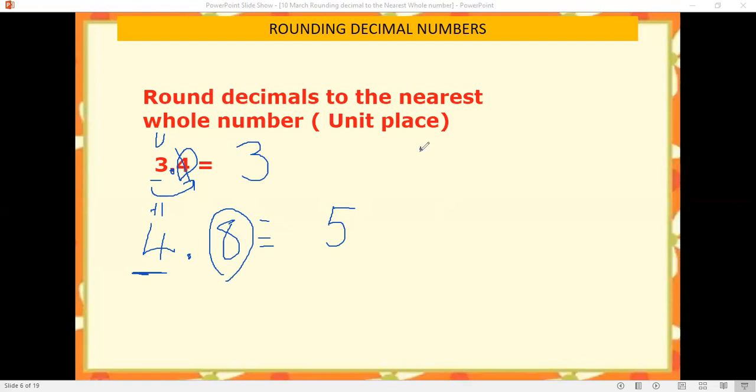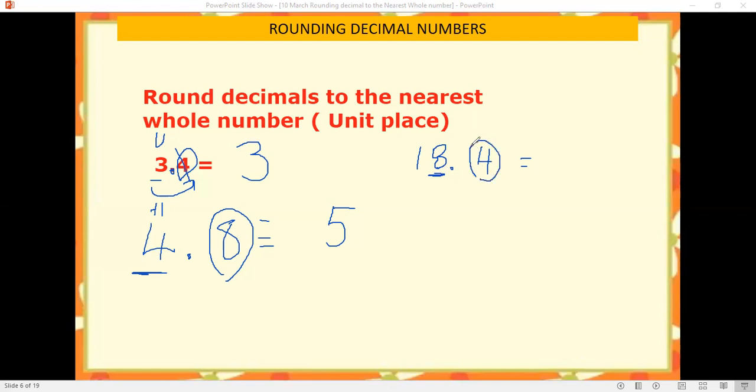Now, how about if I have 18.4? The digit nearest to the decimal point is 8, and this is the unit. Then let's think, 4 is 4 or less or 5 or more?